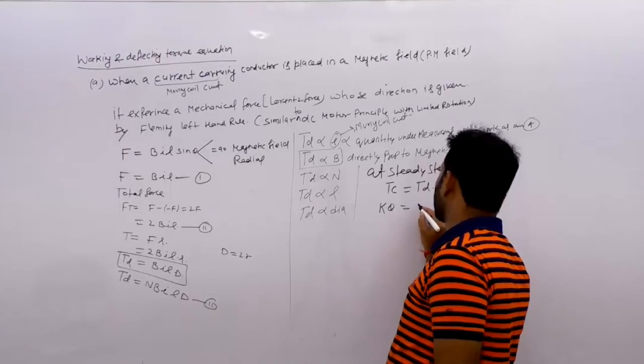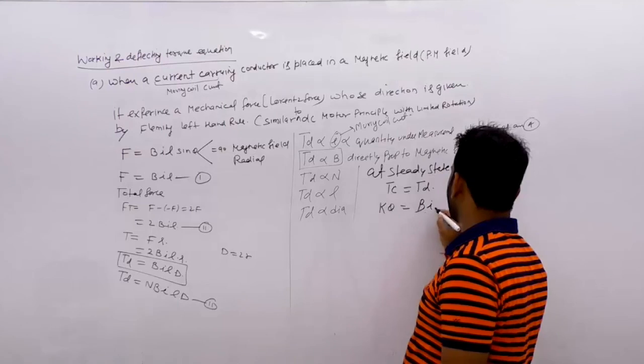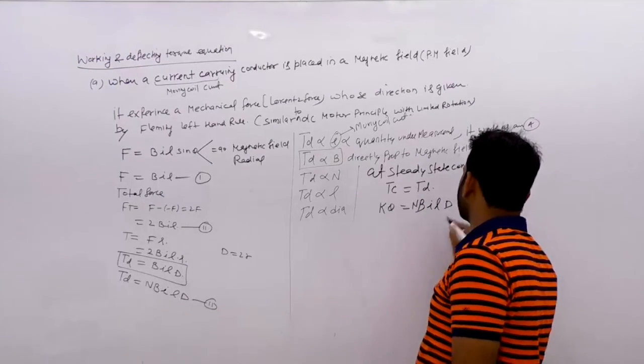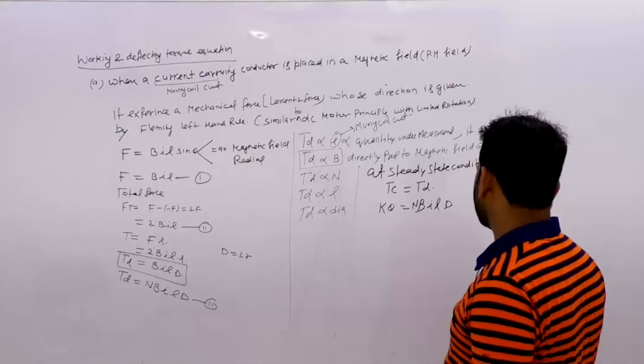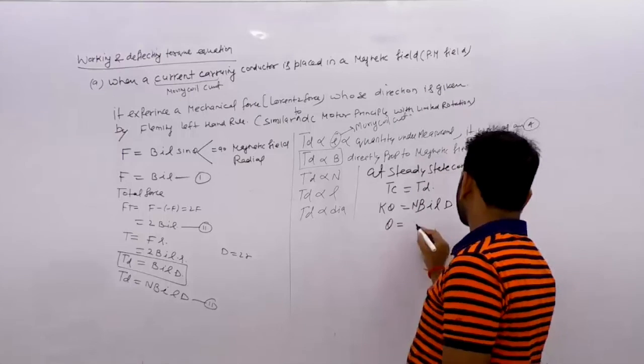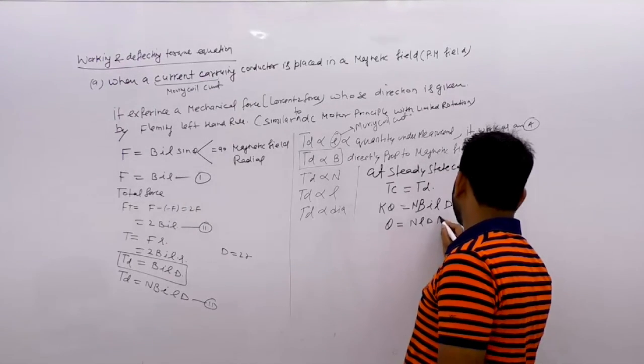That is equal to BILND. Now, if you see theta, the deflection is equal to NLDB upon K.